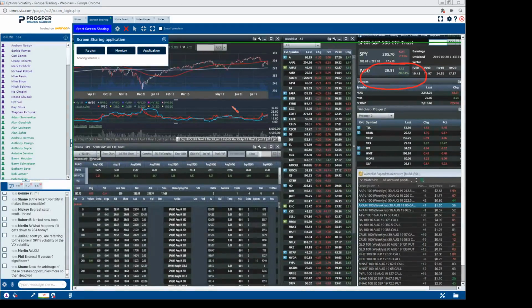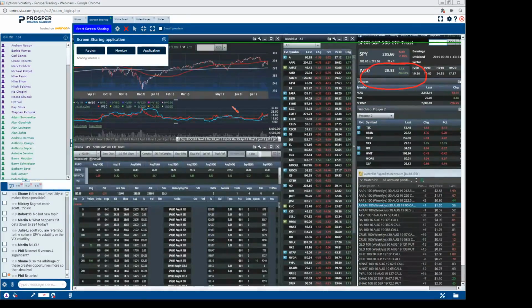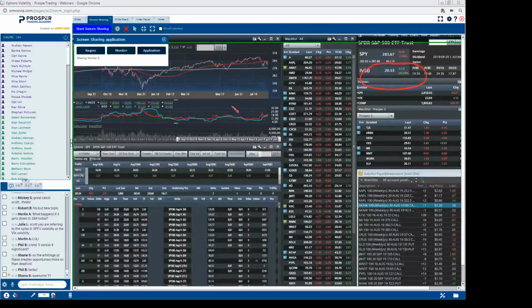So we would still have a downside bias, a short delta bias to the spread, by being long a $5 wide put spread and short a $4 wide put spread. So yes, that is very significant.